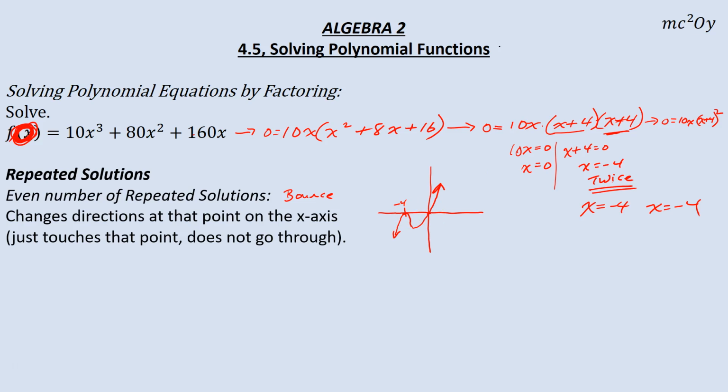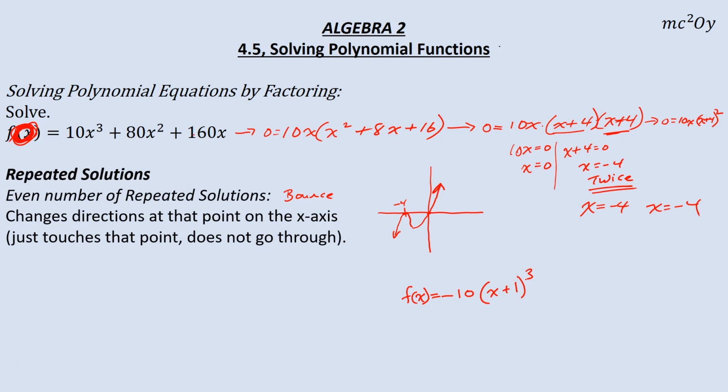Now let's say there's an odd number of repeated zeros, so maybe negative 4 appears 3 times. Better yet, let's use a different function. Let's say f of x equals negative 10 times x plus 1 cubed.